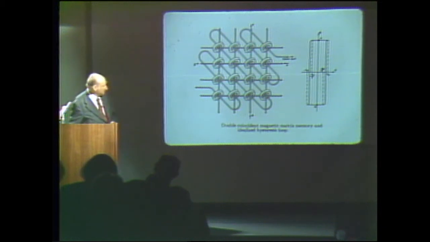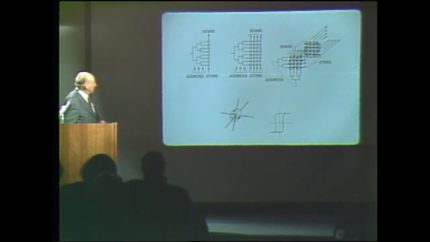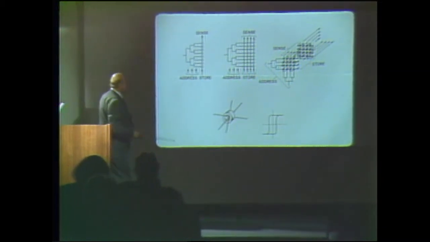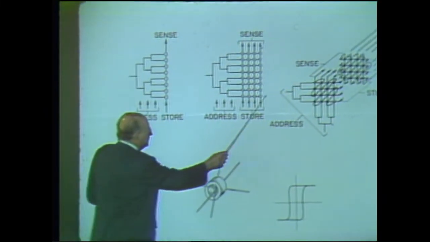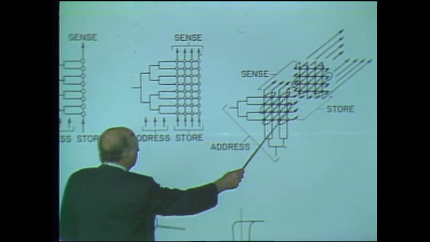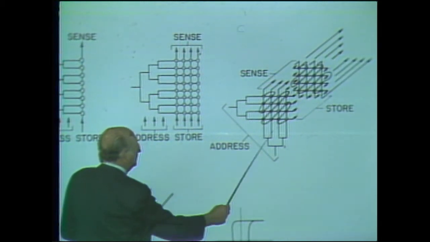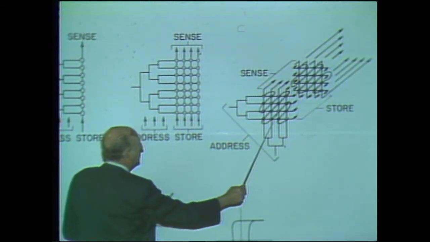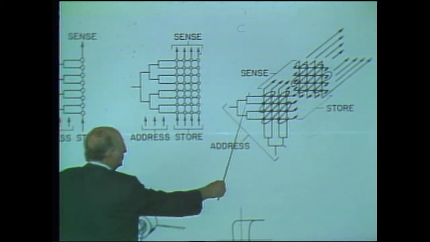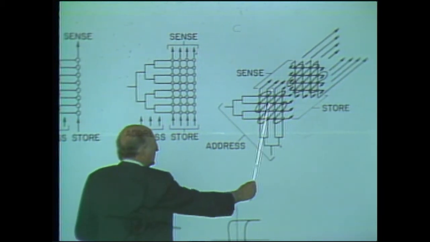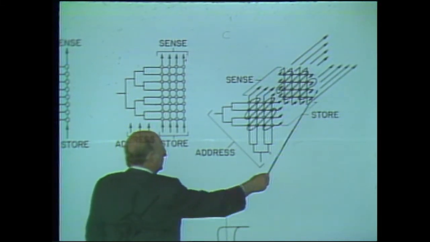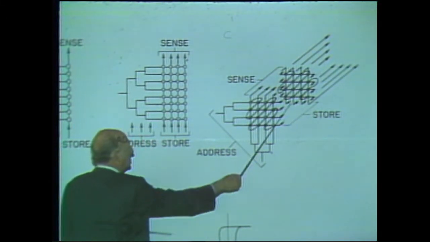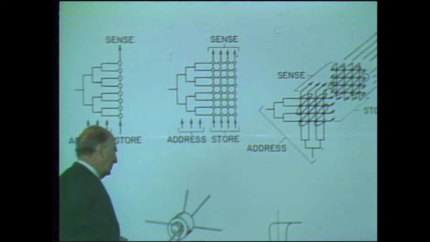Now the idea that I just mentioned is this idea, that is, you excite X and Y, you have a winding that reads them all, and then if you want more bits to a word, you make as many planes as you have bits in the word, and that was the main scheme that we used, and also MIT, by the way.